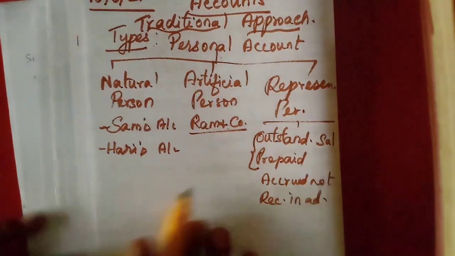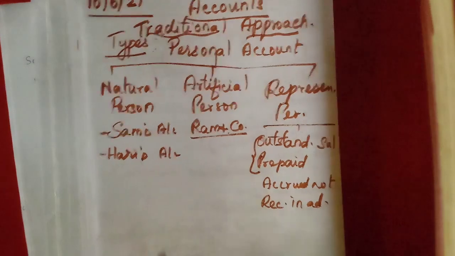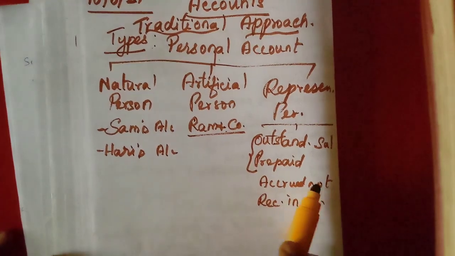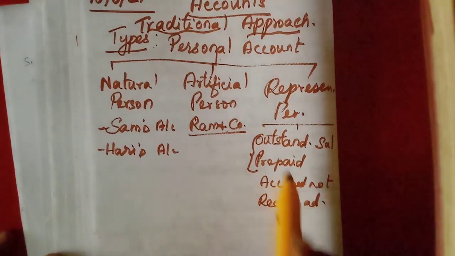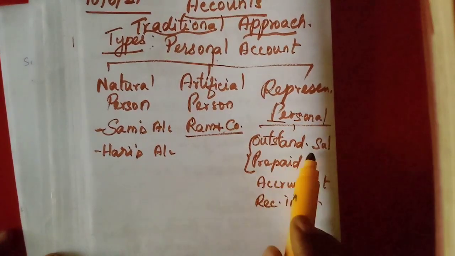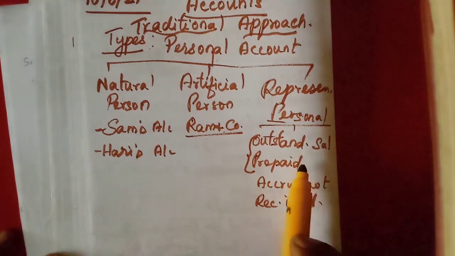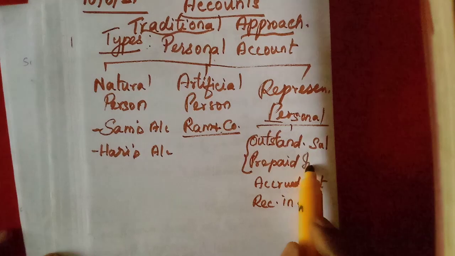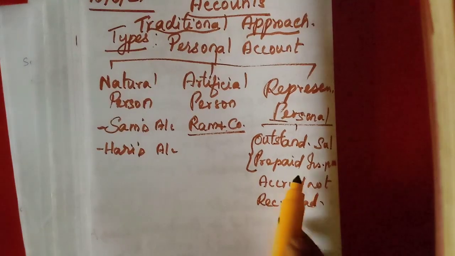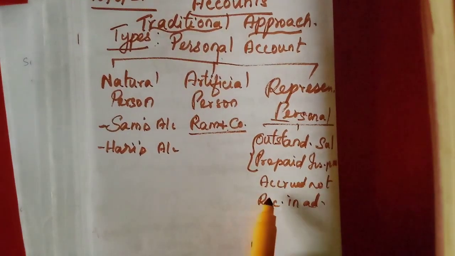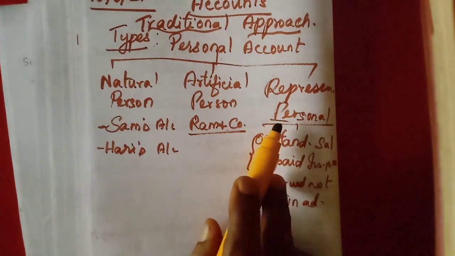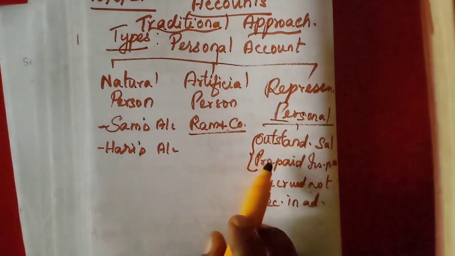All these are representative personal accounts because they all relate to persons. Salary we need to pay to the staff. Prepaid insurance premium is an expense we have paid to a particular person in advance. Income we have not received is from one person, so it is related to a person. That is why it is called a representative personal account.